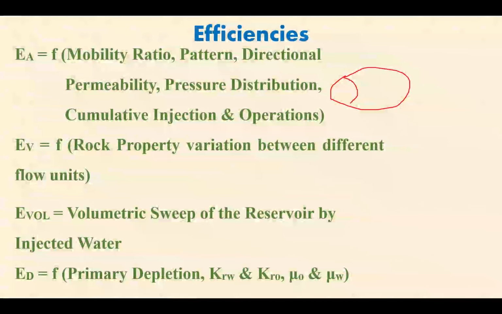This is the areal sweep efficiency, that is, how much area is swept. For example, if you have some injection well here, you can see that this particular area is swept. So it is not satisfactory because these particular zones are not swept, and you cannot get recovery from this unswept zone.